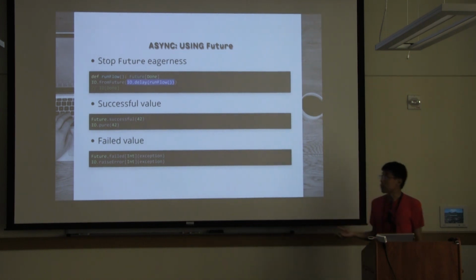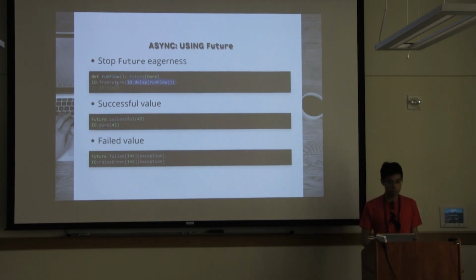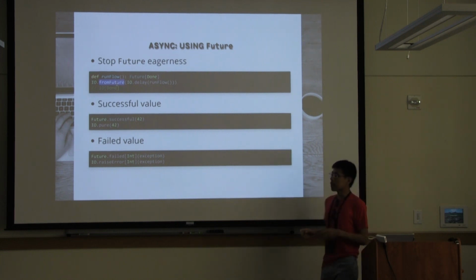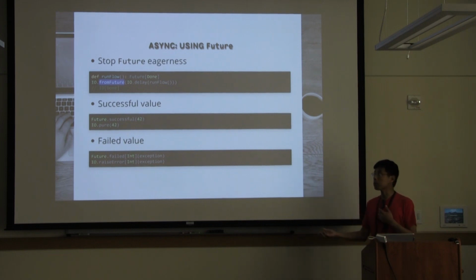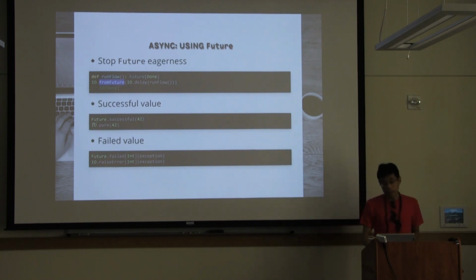To extract the value out of the Future, you just have to call IO.fromFuture. What it does is, when it has to execute the Future, it will do so and then extract for you the value inside the Future, or the failure if the call has failed. And if you know that you have a successful Future value, you can directly use IO.pure, and the same goes for errors.